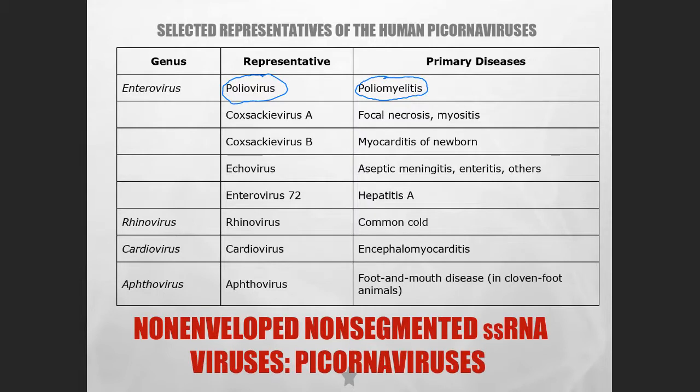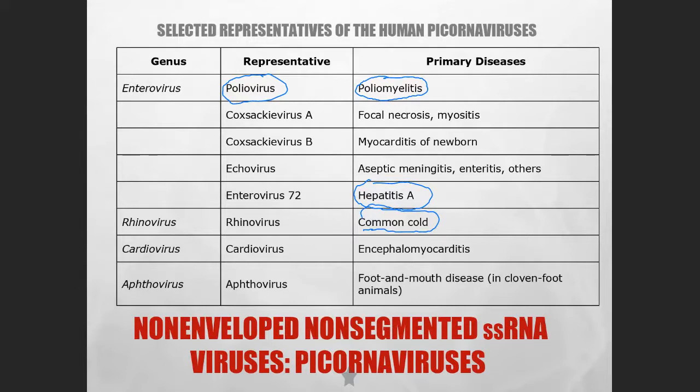The second one is hepatitis A virus. This is also an enterovirus. It is usually transferred through food or drink that is contaminated with the virus. Rhinovirus usually causes a very mild, common cold.